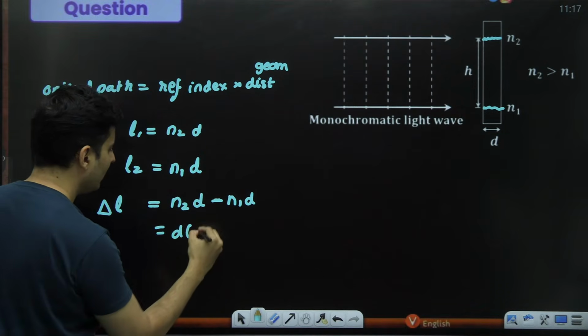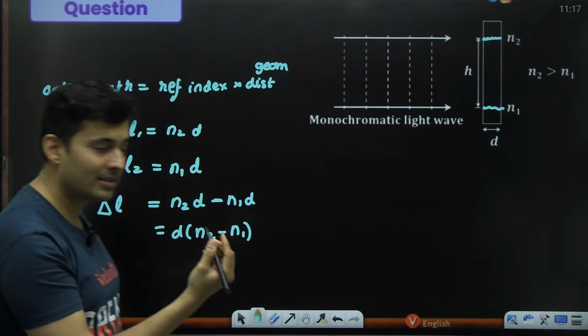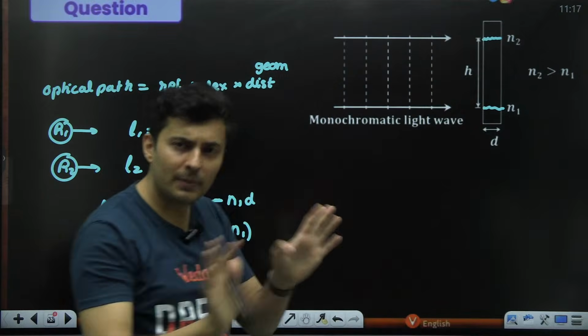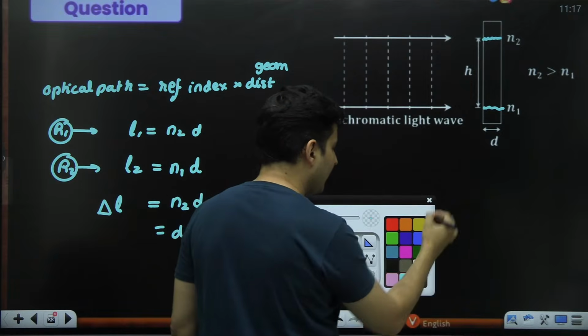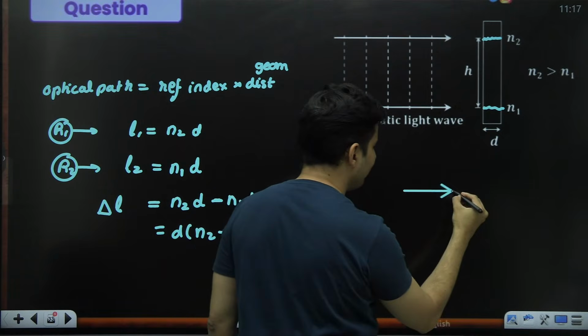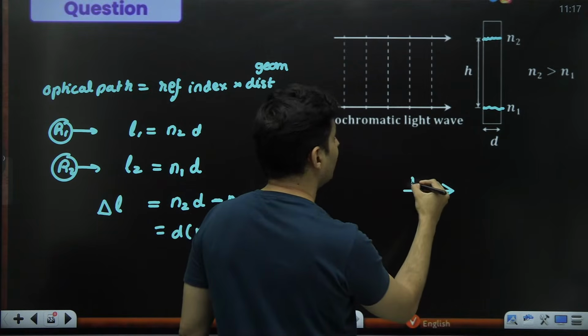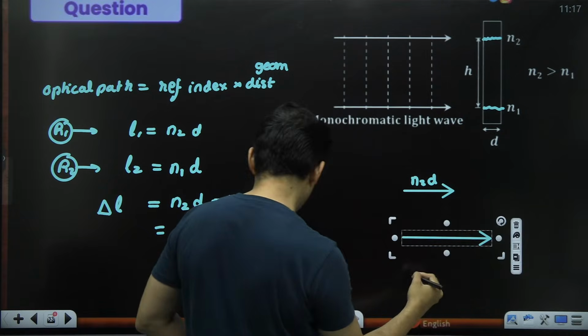Taking d common, it is nothing but n2 minus n1, which also means that had this glass slab not been there, this particular ray number 2 would have traveled this distance, which is n2d. This particular ray would have traveled slightly more distance.